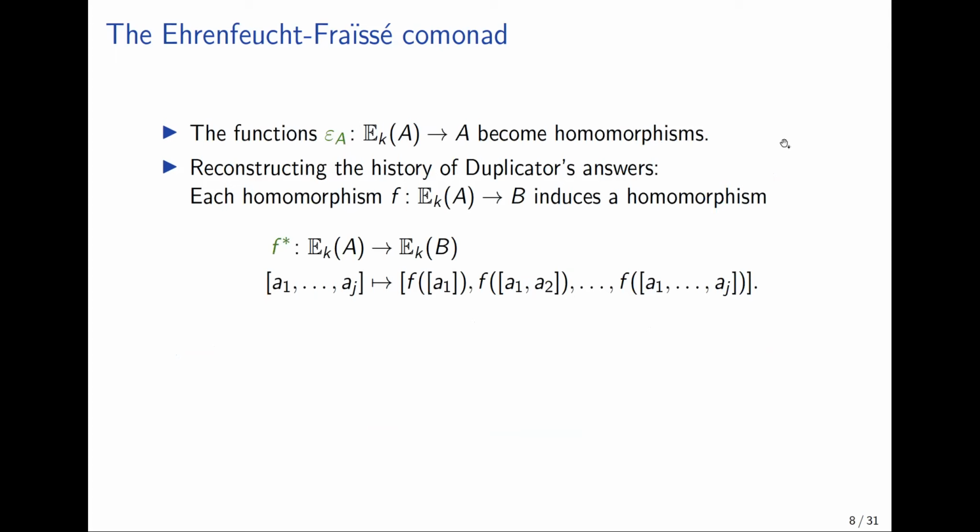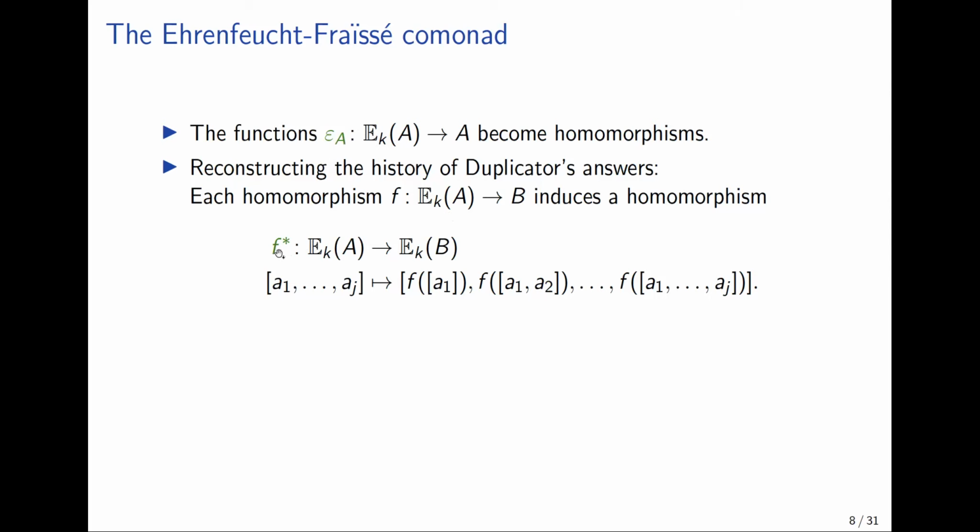The second observation is that you can reconstruct the history of duplicator's answers in the following sense. So suppose you have a homomorphism F from E_K of A to B. The idea is that if you take a sequence of elements from A, so that's an element of E_K of A, this F will output a duplicator's answer, given that spoiler has played those elements in the sequence.